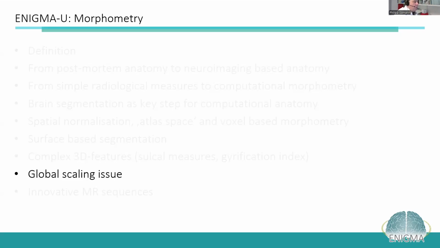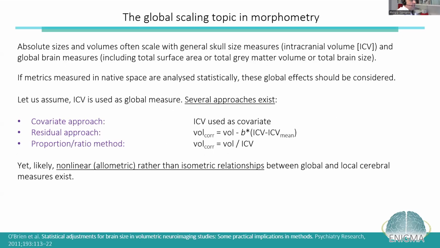There are several ways to define this global measure. The most neutral one is probably the volume of the intracranial space. So as soon as you have this value available, there are several ways to use it in your statistical analysis.